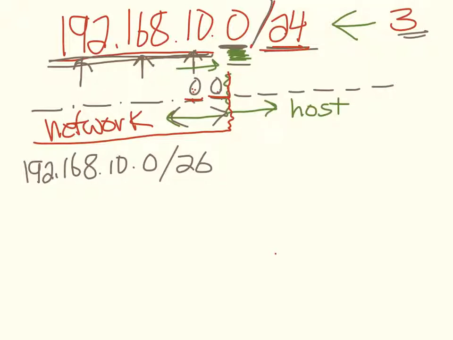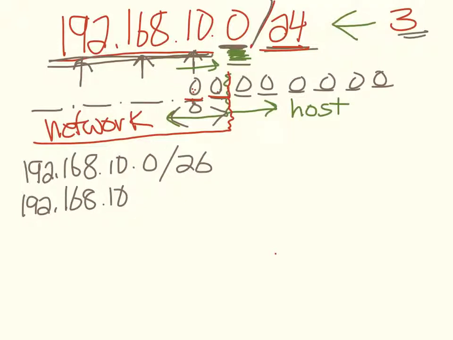This would be my first network, 192.168.10.0/26, with all 0s in the host part. Then I could have a 0 and a 1. That 1 is in the 64 place, since this is 128 and this is 64, so that would be 192.168.10.64/26. That's the network, because the host part is still all 0s.